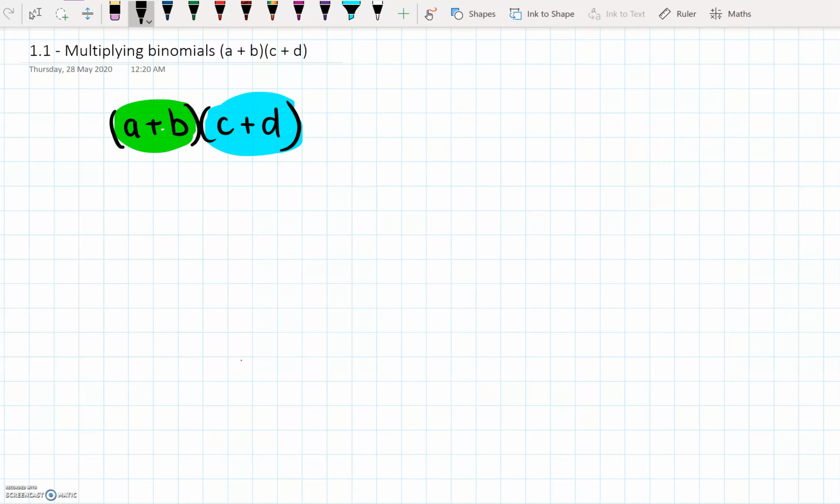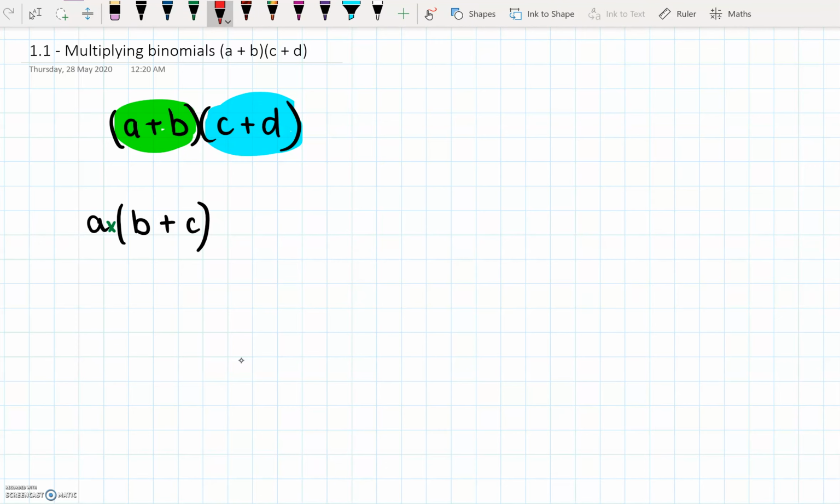Now, I want to just start by quickly going back to what we've done in the past. In the past, when we did expanding brackets, which is ultimately what we're doing here, you would have something like a bracket b plus c. And when we do this, remember that in between the a and the bracket, there's really a multiply in there, but we don't usually write it.